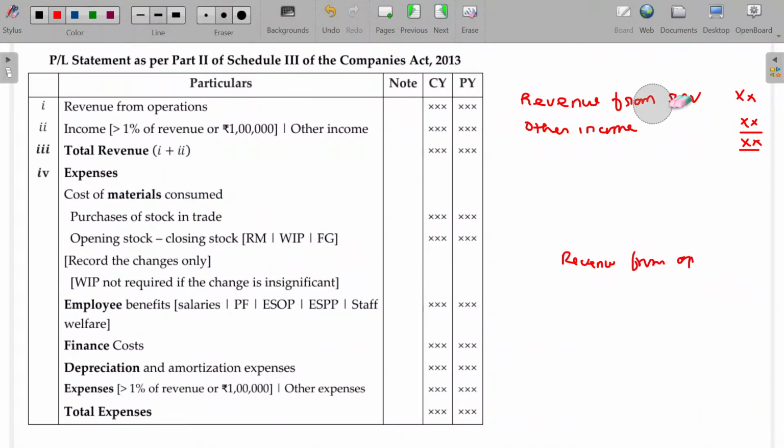Revenue from operation, probably 10 lakhs. They get interest from investment, dividend from investment, maybe 1.5 lakhs. 1% of revenue from operation is how much? 10,000.